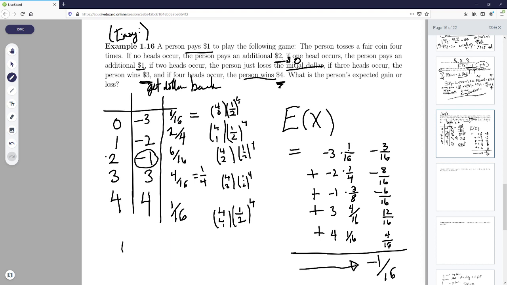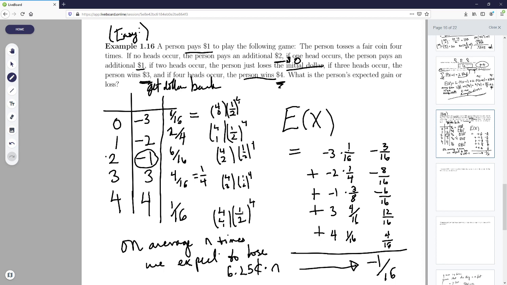So that means on average, per time we play, so if we play n times, we expect to lose about 6.25 cents times the number of times we play. So that's what this expected value means. It's very slightly negative. We expect to lose on average 6.25 cents every time we play.